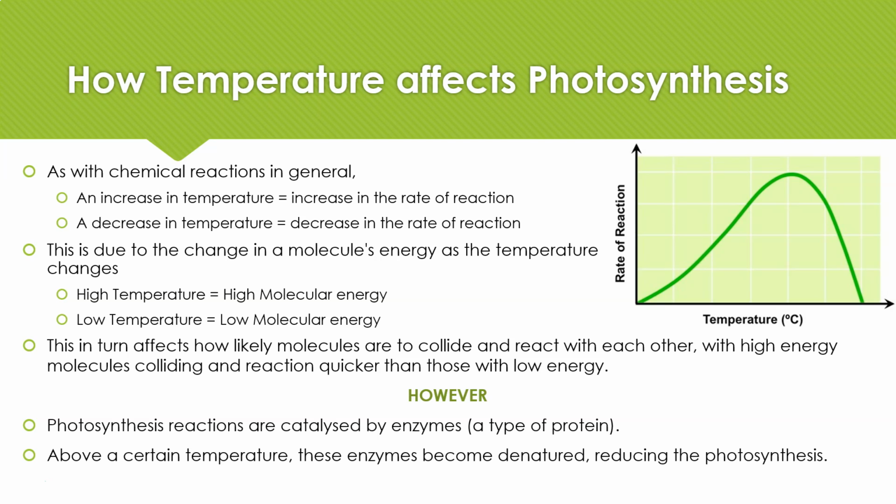Now, if this was a reaction that didn't use enzymes, you'd probably just expect that to keep increasing. But because it uses enzymes, we actually get to this point where it's as fast as it can go, and as soon as you increase the temperature past that point, it drops off really suddenly. So if you increase the temperature, generally you'll increase the rate of reaction, and if you decrease it, you decrease the rate of reaction.